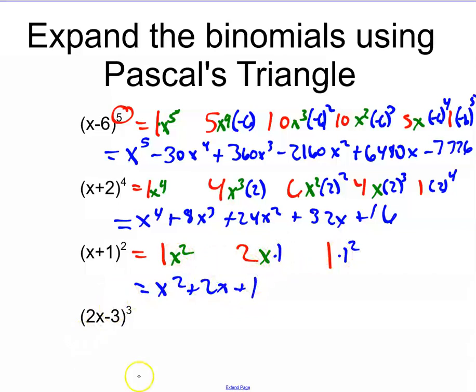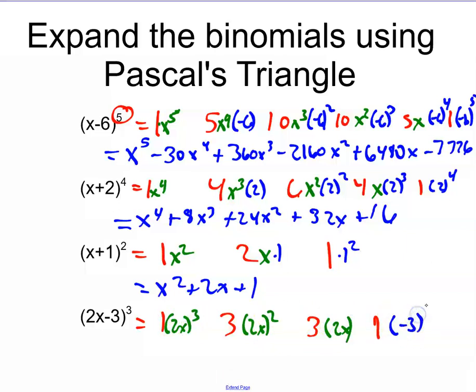And then this next one, we get 1, 3, 3, 1. 2x to the 3rd, 2x squared, 2x.